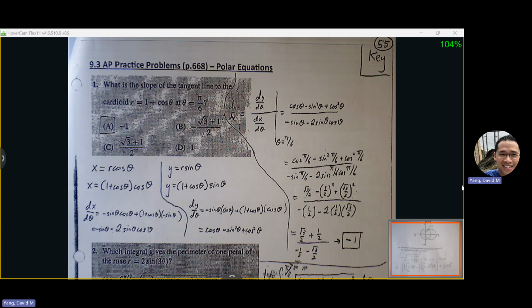We have to have our y component and our x component, take the derivative of both of them, and then evaluate them at the theta that we see. I think this particular problem is meant to be non-calculator, but you'll get to use your calculator on the test. See if we can go through the whole process of the product rule to build out your dy d theta and your dx d theta.